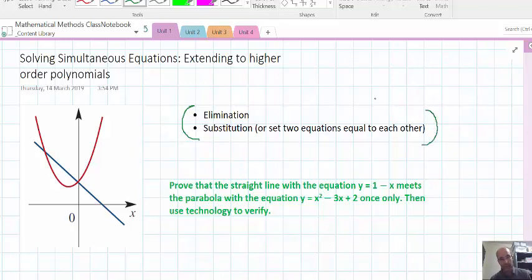Elimination and substitution in particular is going to be modelled, and substitution can sometimes look like when we set two equations equal to each other. That's actually using substitution, and we're extending it out to higher order polynomials.